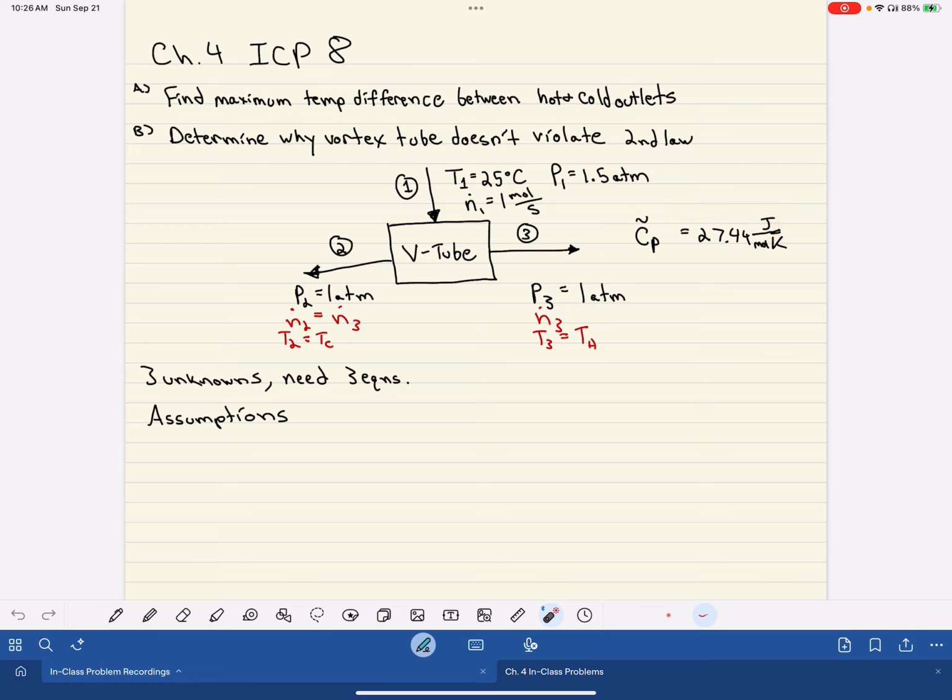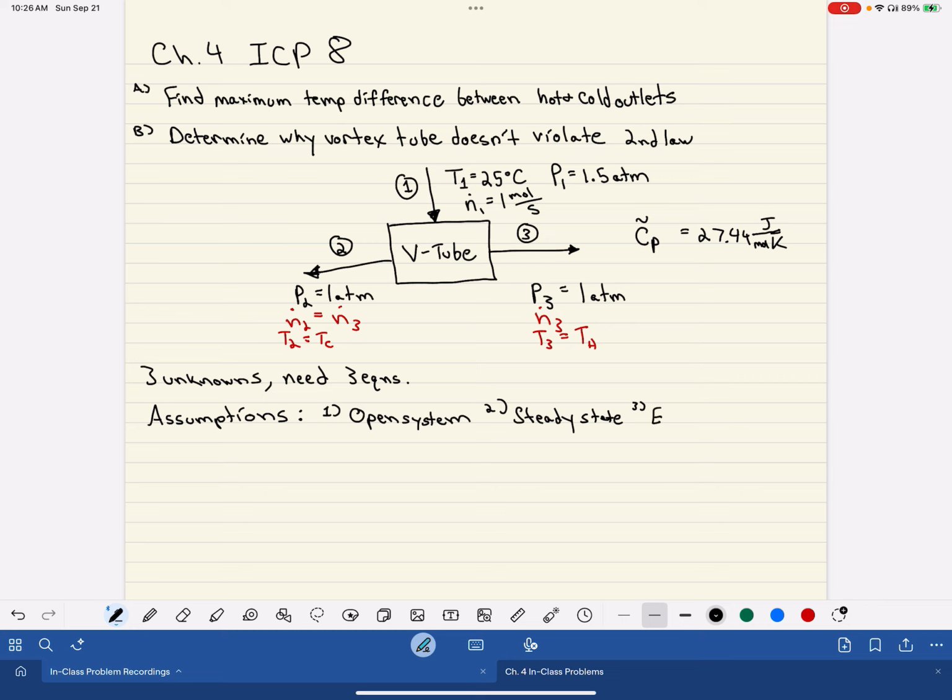All right, so we're dealing with three unknowns, and so that means we have three equations that we need to deal with. Before we go through our balances, we need to define our assumptions. So mass is crossing the system boundaries, so we're dealing with an open system. None of the variables are changing with time, so we're going to treat this as a steady state problem.